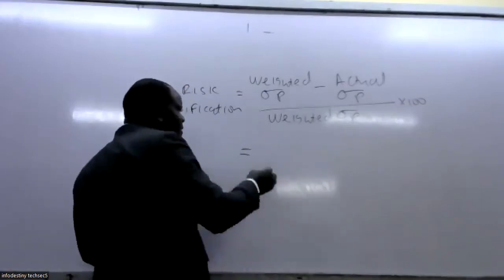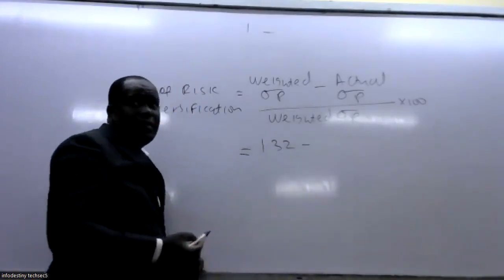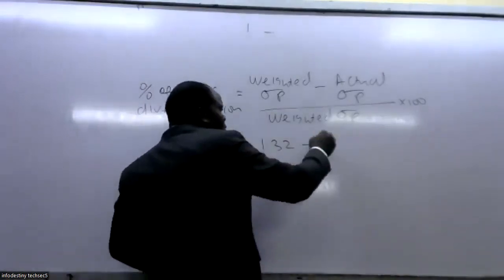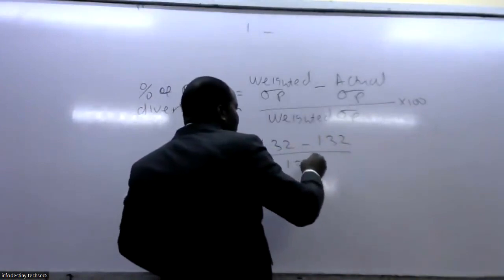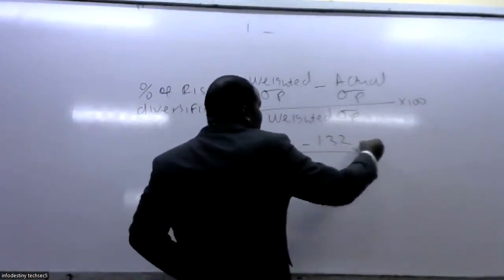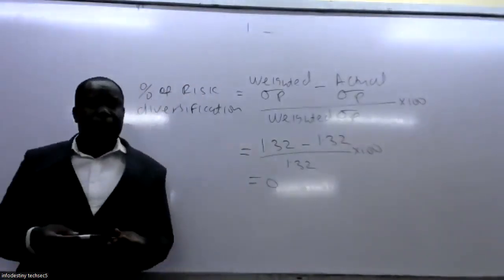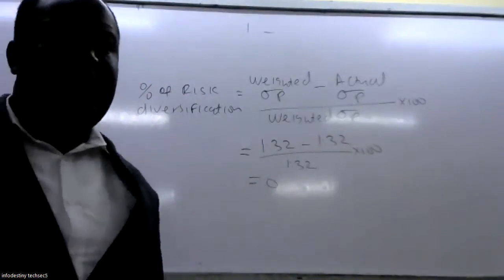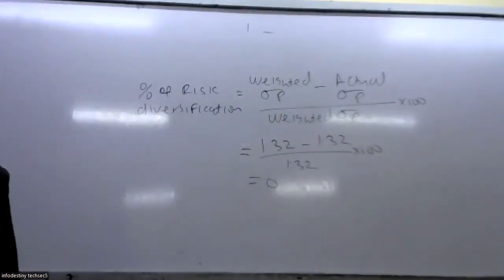So the weighted, we calculated, it was 1.32. The actual, we also calculated, it was also 1.32. You also divide by 1.32. So when you express that figure as a percentage, we shall definitely get a 0.